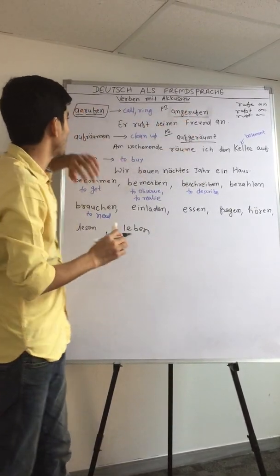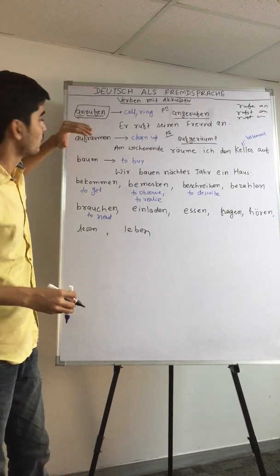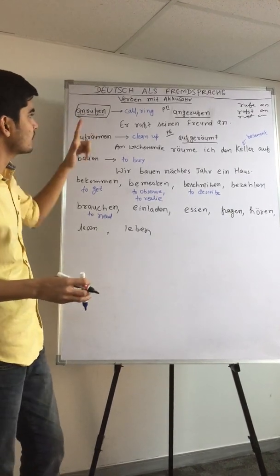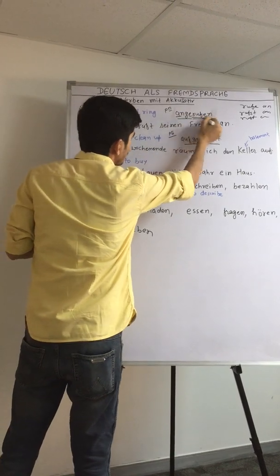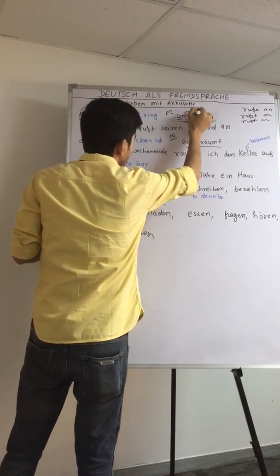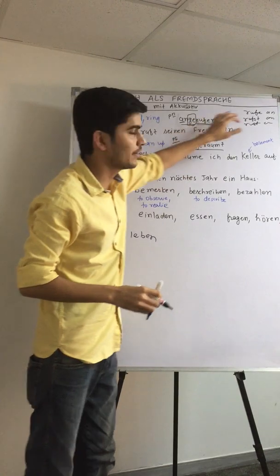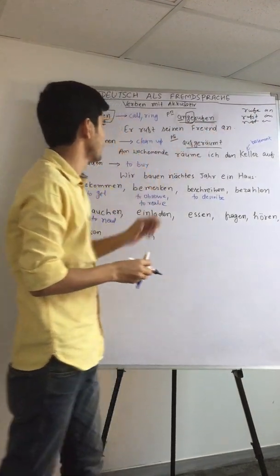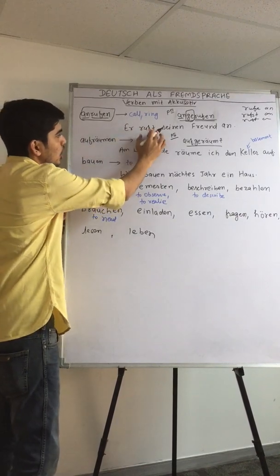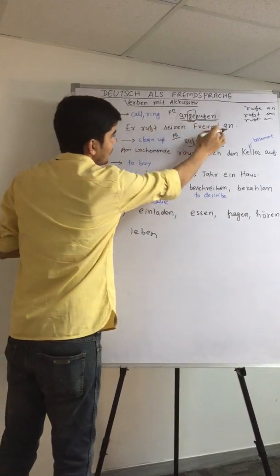Why angerufen? Because anrufen is a weak verb, that is a regular verb. In case of regular verbs, in between an and rufen we just put ge. Angerufen. So: Er ruft seinen Freund an. He called his friend.